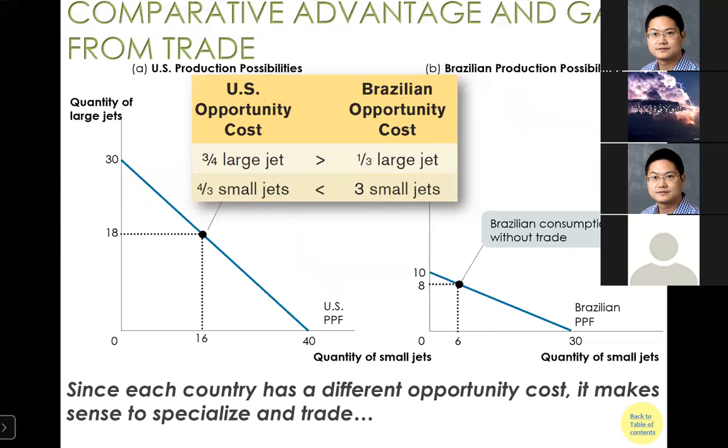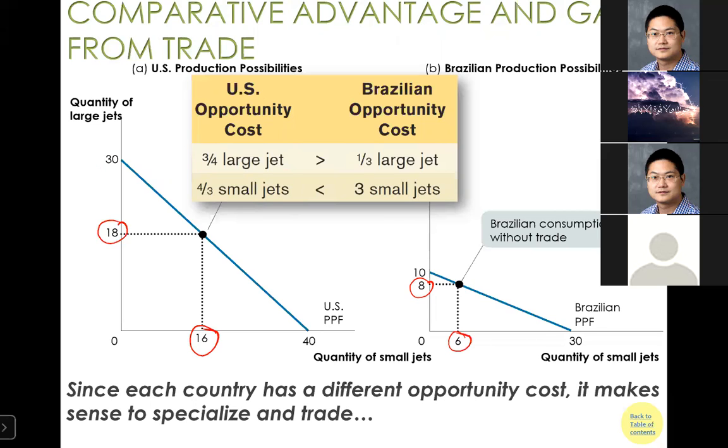Where do we start? Without trade, this is what the US is going to consume, 18 versus 16. Without trade, Brazil is going to consume 8 versus 6. So this is before trade. Now, if they decide to trade with each other and cooperate, the idea of comparative advantage tells you that you must produce what you are specialized in.